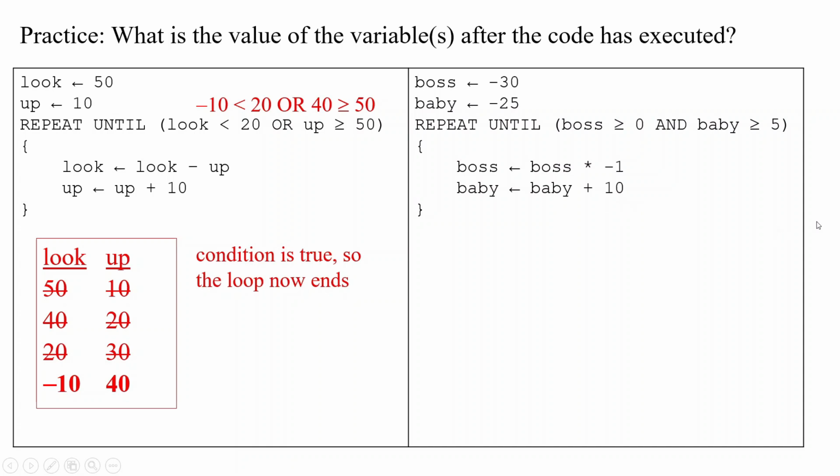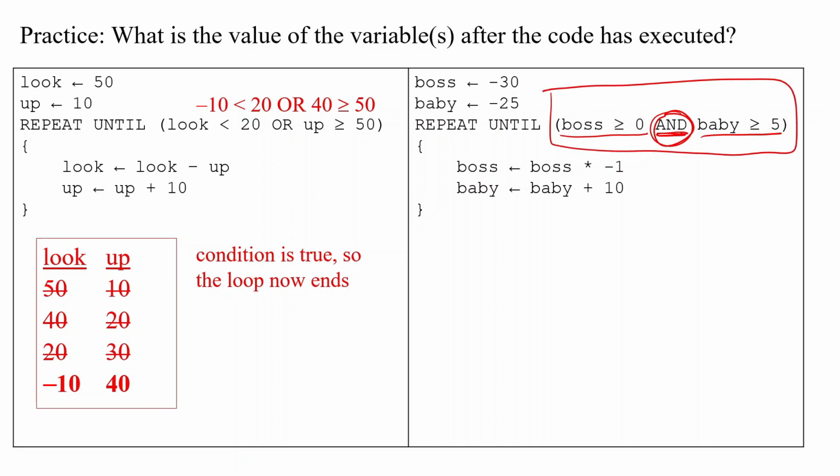Okay, the next one. Now we're going to see an and here, okay? So repeat until boss is greater than or equal to 0 and baby is greater than or equal to 5. So remember your and statements. In order for the whole and statement to be true, and the whole and statement has to be true before we can exit our repeat until, each of these has to be true.